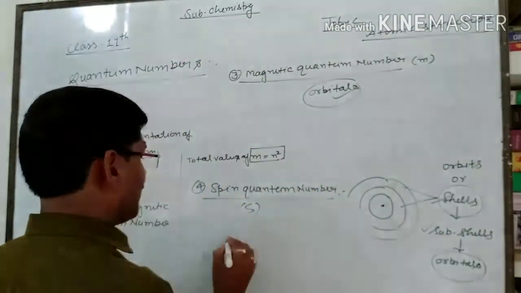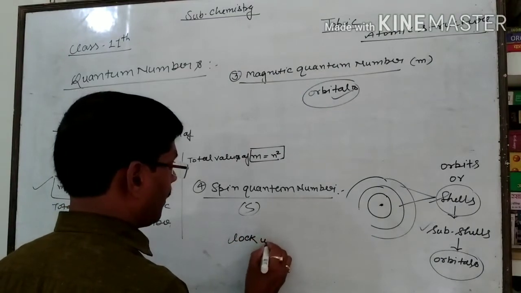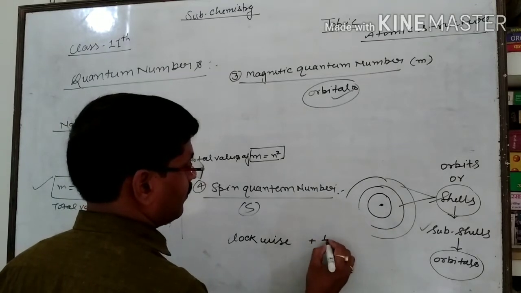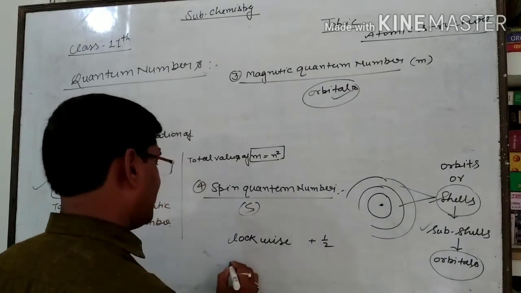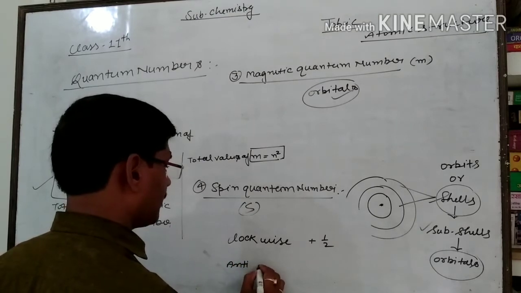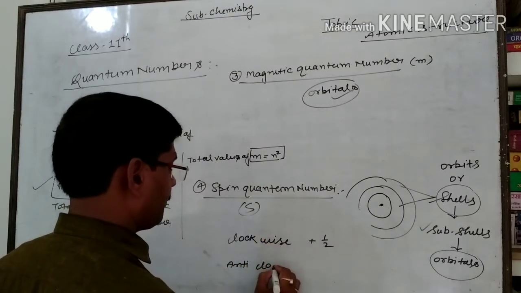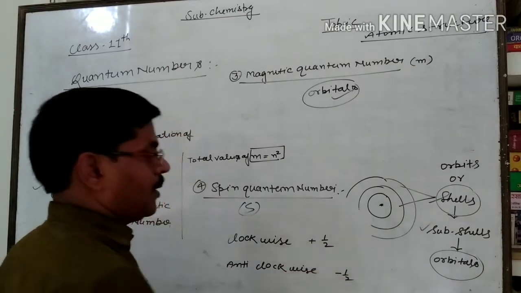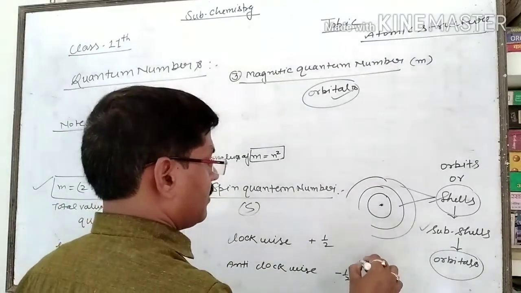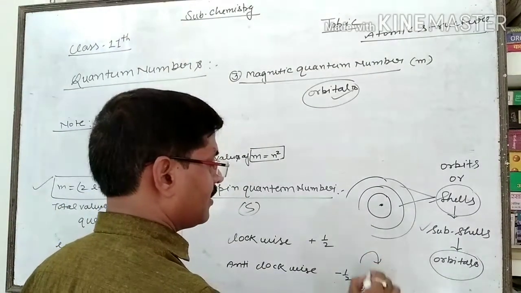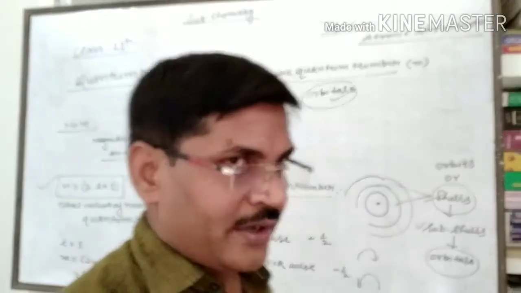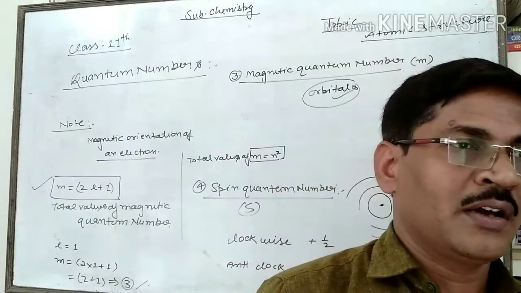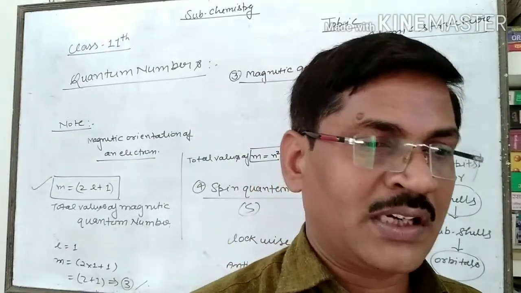So if clockwise, then the value will be plus half, and if anti-clockwise, then the value will be minus half. It means either like this or like this. So this quantum number represents the spinning of the electron. That's why this is known as the spin quantum number.